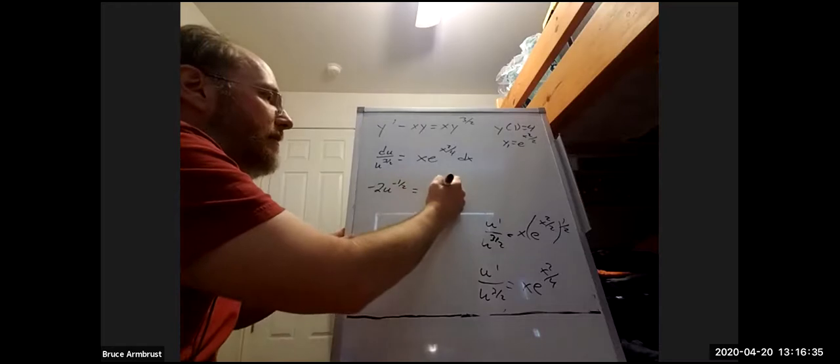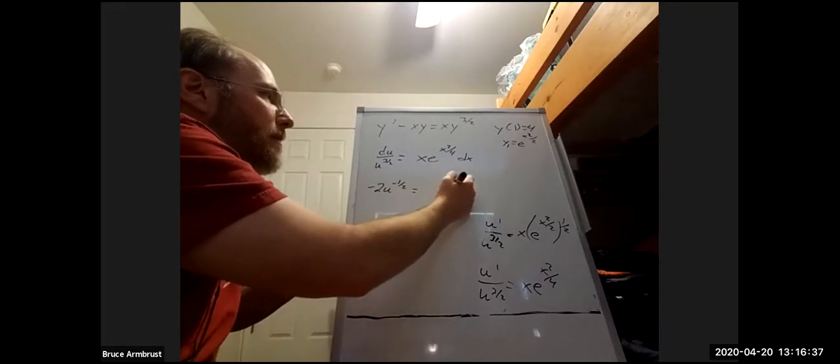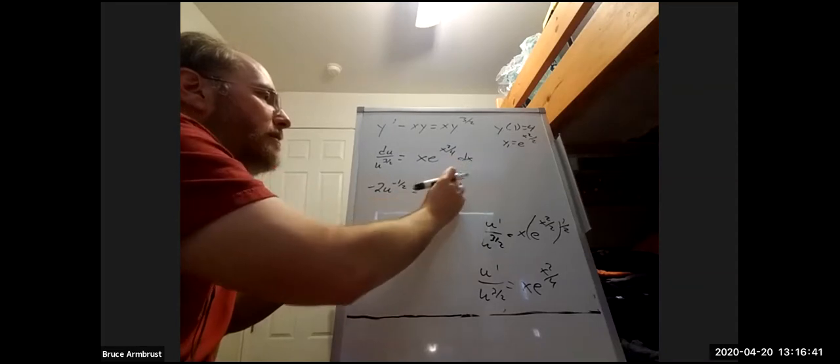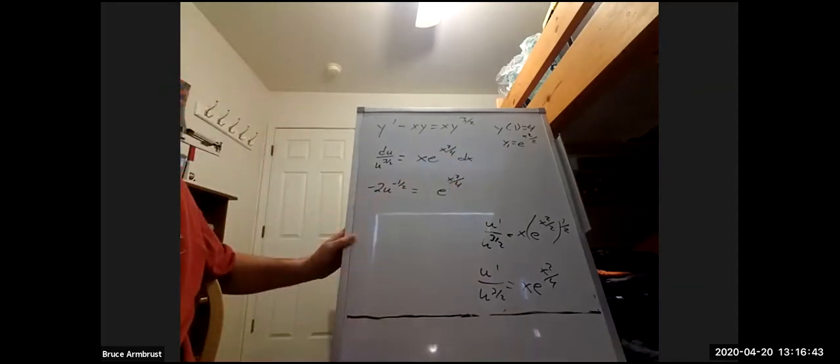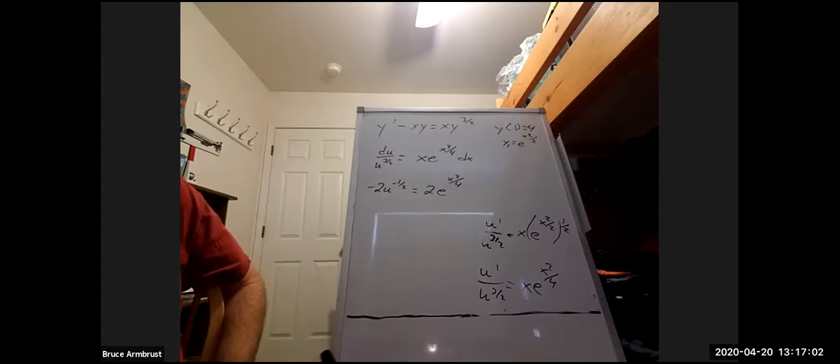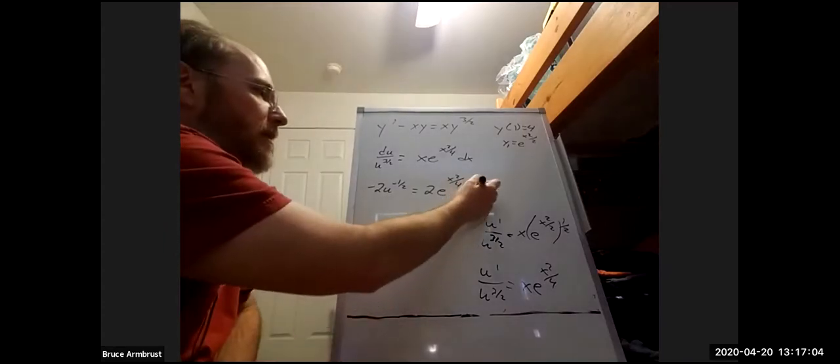But this is going to give us an e to the x squared over 4. But we need a 2 on that because we're off by just a little bit. So we get 2e to the x squared over 4. And it's here that we should put our c. So we're going to go ahead and put plus c.